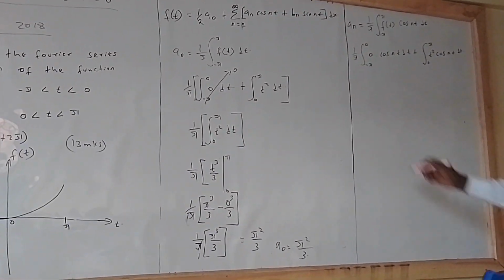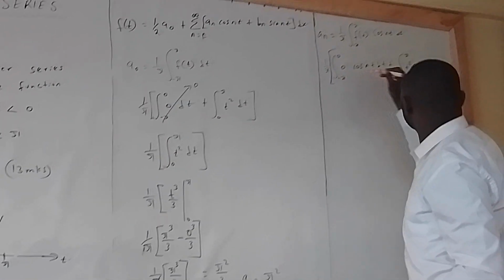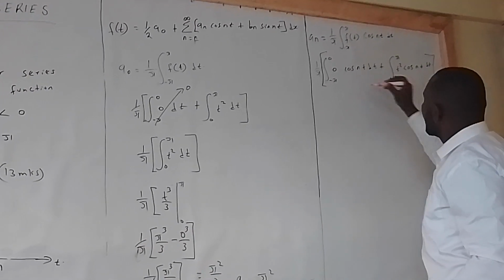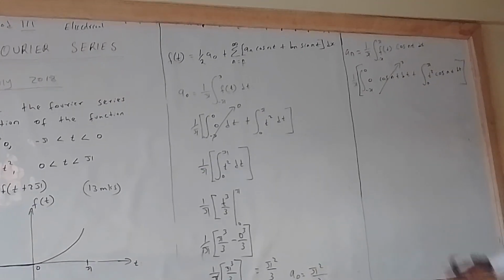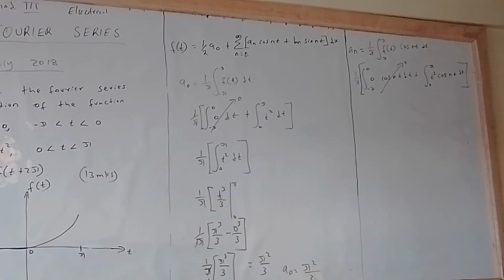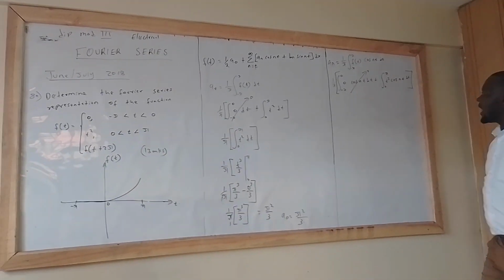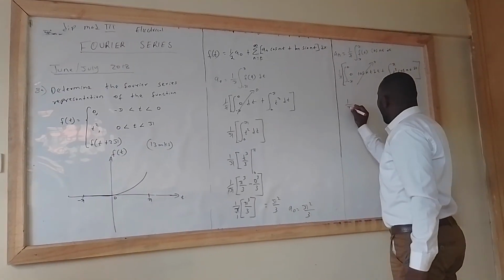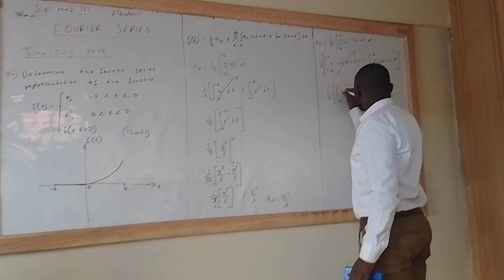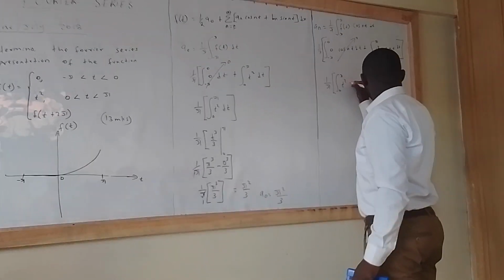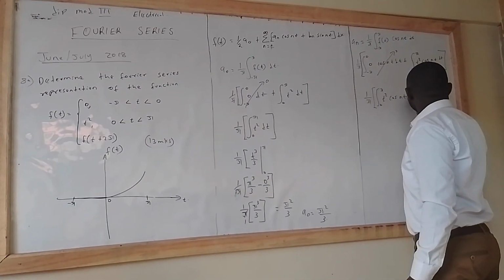So, if I want to integrate this one, the first part will approach 0. So I will have 1 over pi, open the bigger bracket, the integral of 0 to pi, t squared cos of nt dt.